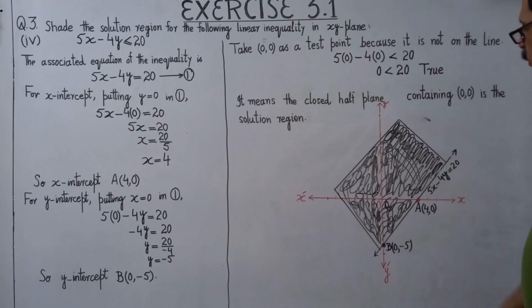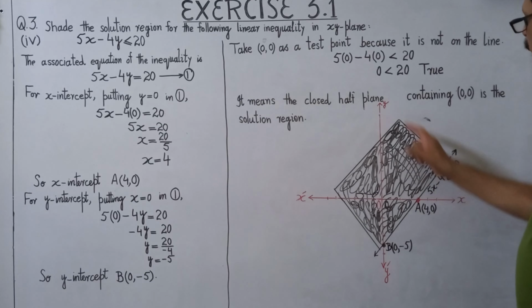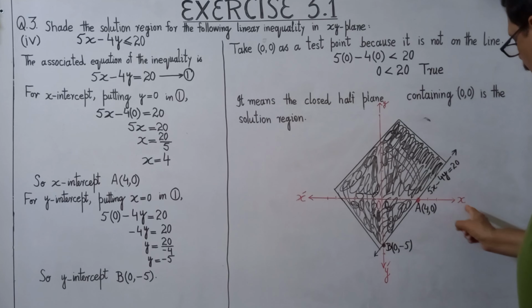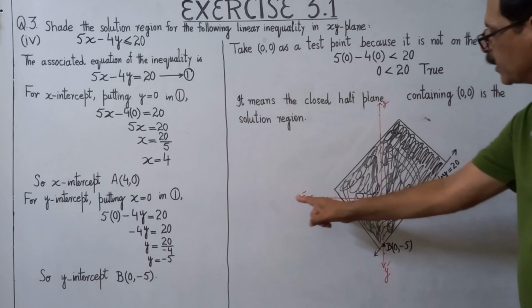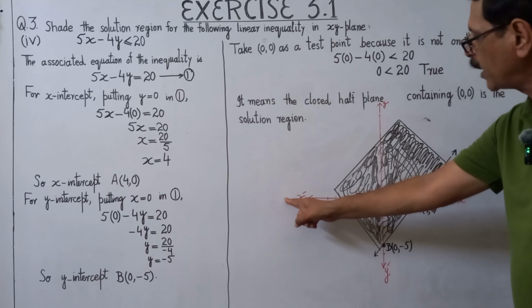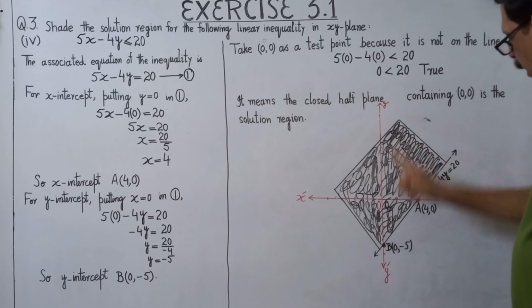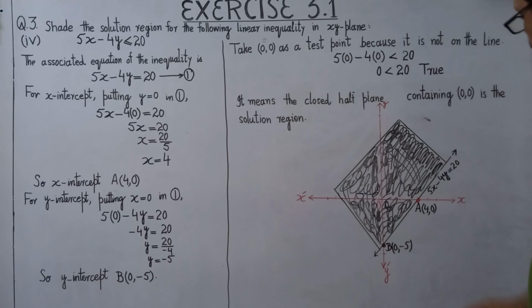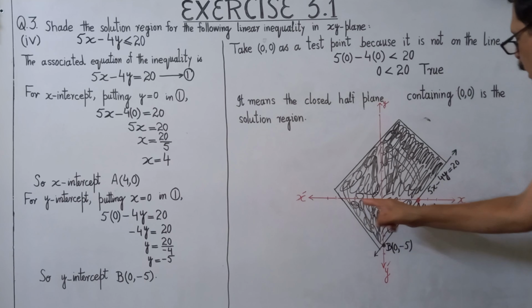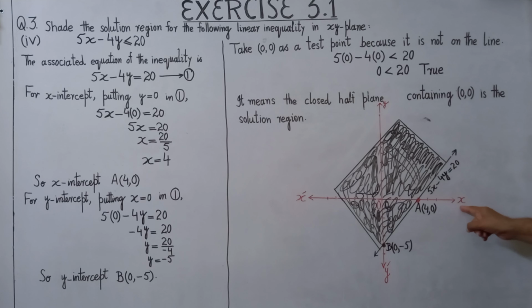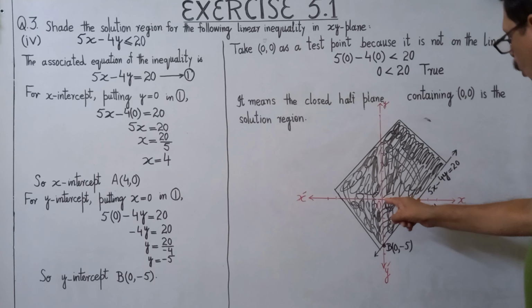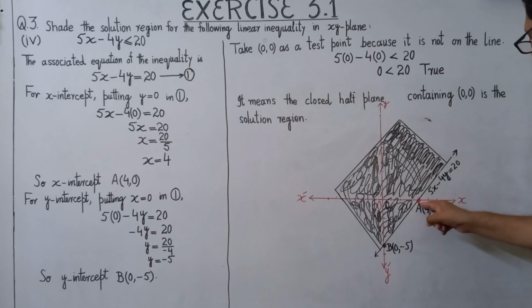First of all, you see, draw the x axis and y axis. Here is the positive direction of x axis, negative direction of x axis, positive direction of y axis and negative direction of y axis. On each of the axes, draw equidistant points.